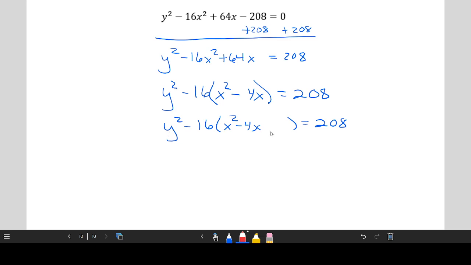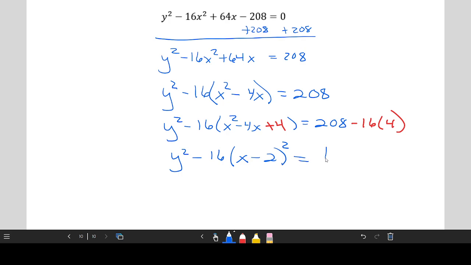But the x part, we need to add something in the parentheses. Half of 4 is 2. 2 squared is 4. So we're adding 4 inside the parentheses. That gets multiplied by negative 16. So on the right side, we need to add negative 16 times 4. And then this set of parentheses factors as x minus 2 squared.